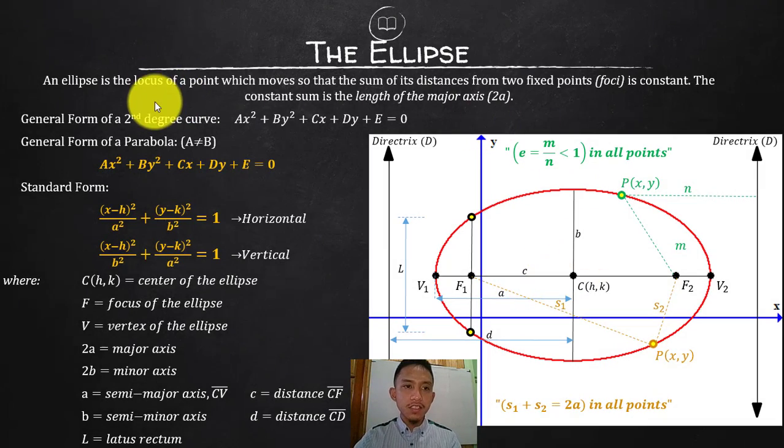So again, there are two focus in an ellipse. This is an example of an ellipse in the shape of an oblong. Here is the first focus and the second focus. By the way, focus are always located on the opening of the curve.